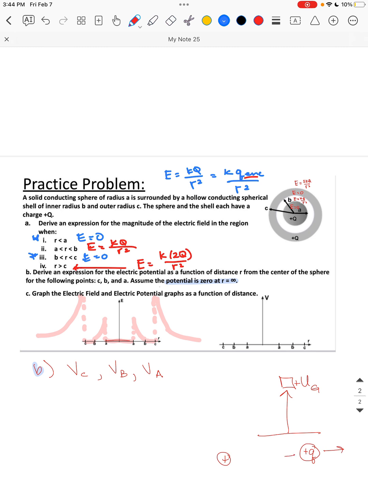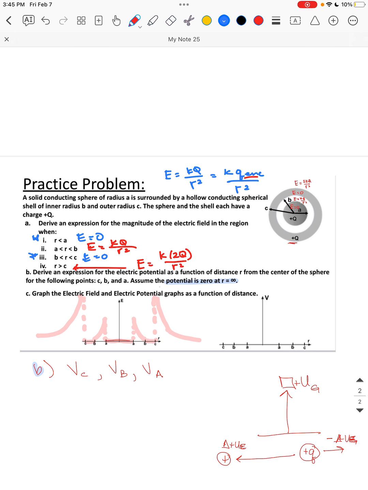If we move a positive test charge close to my positively charged set of spheres here, we increase. So this gives us negative change in potential, and this is positive change in potential. And this should be electric potential, not gravitational, electric potential.